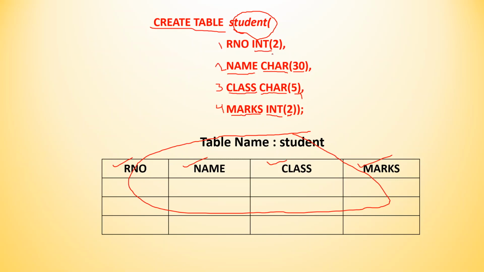Means in roll number you can store only integer value, in name you can store only character value, in class you can store only character value, and in marks you can store only integer value. When we are talking about integer value, it will not store decimal values, float values. So this is how we'll create a structure of the table.